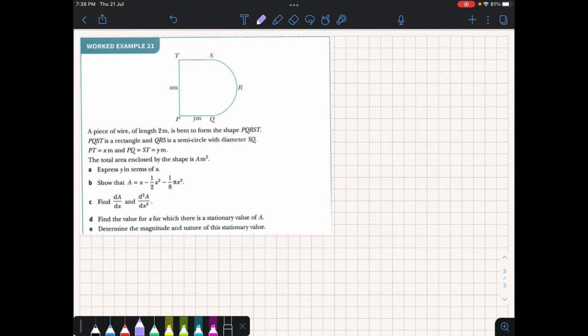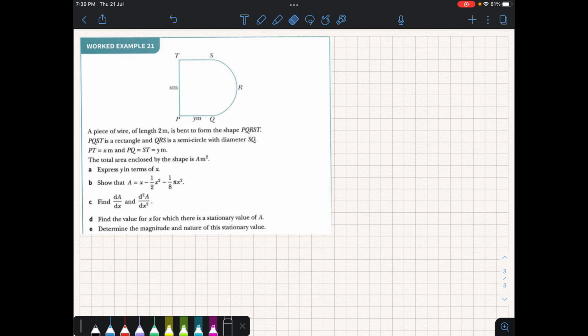In other words, we can change the radius of the circle by varying x, and so we could create all kinds of different shapes just by changing what these two lengths are. So we could make x smaller, and therefore y would have to get longer, right? Because remember, there has to be a fixed length of 2 meters. So we could have a longer shape that curves back around. We could have many different types of shapes.